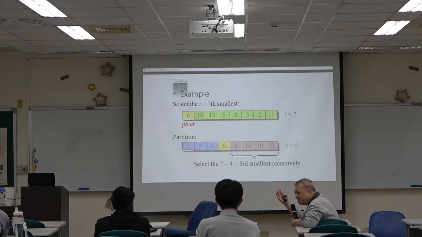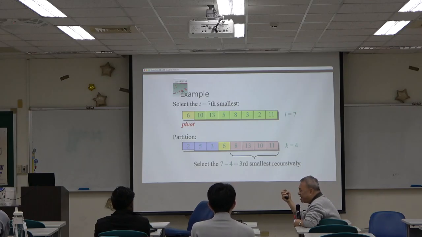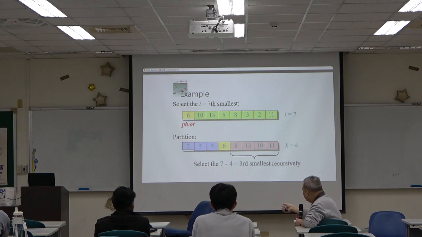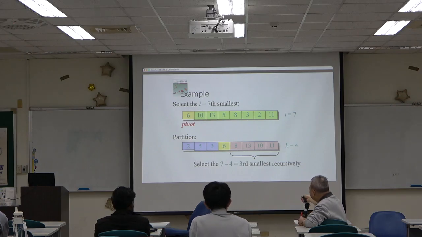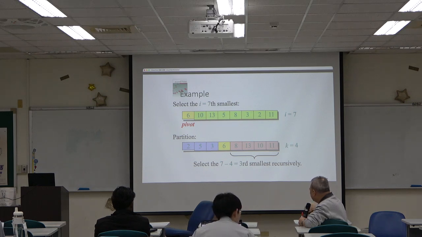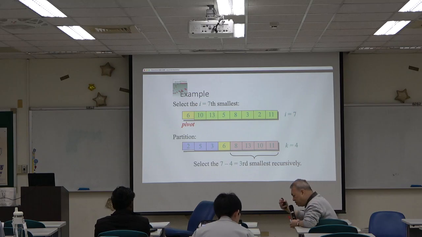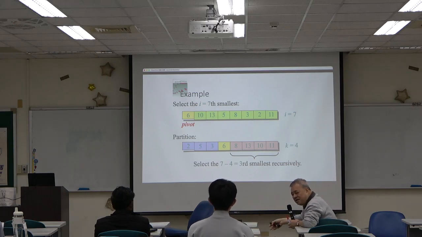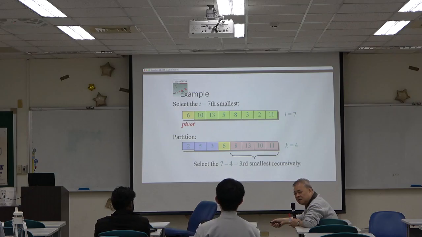Index 4 is smaller than i, so you need to find 7 minus 4, which is 3, the third smallest element from the second half. You do this recursively, but that's the basic idea. Very, very simple, right?